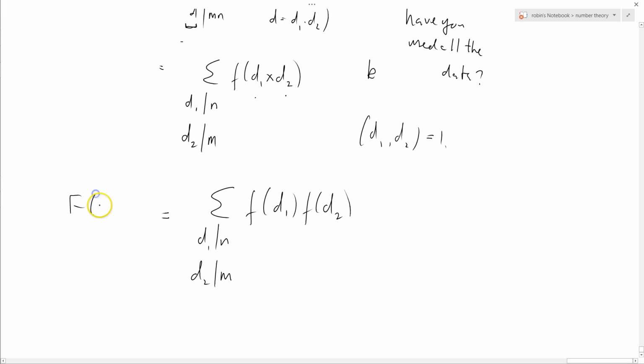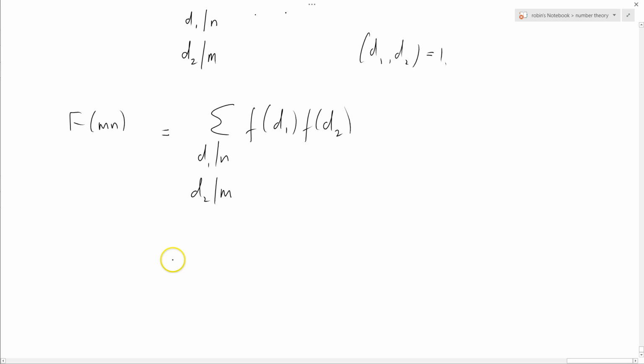So f of mn equals that thing there, by the definition of f being multiplicative.